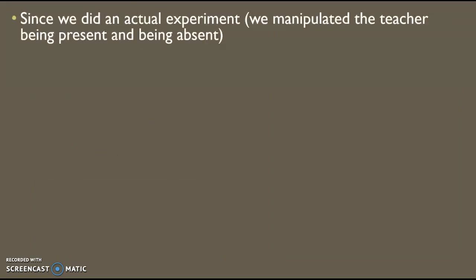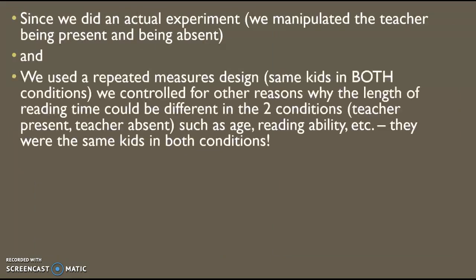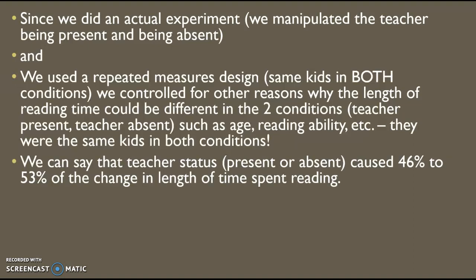So because we did an actual experiment, we can change the wording a little bit. And we can say that the teacher's presence or absence actually caused about half of the change in the student's time spent reading. And we can be pretty confident about that because we did do a repeated measures design and thus eliminated everything else that may have caused them to read different lengths.